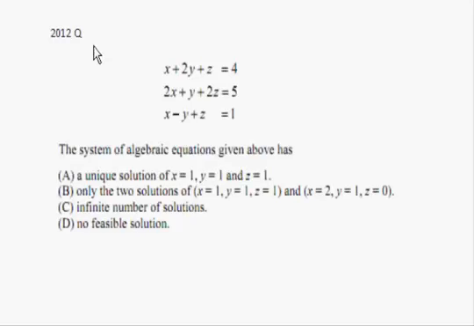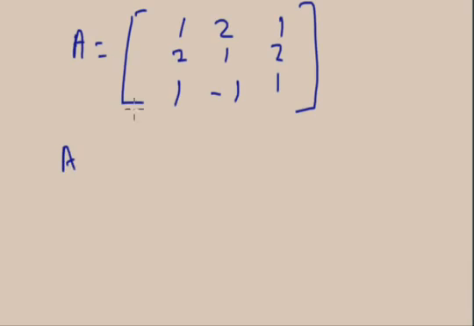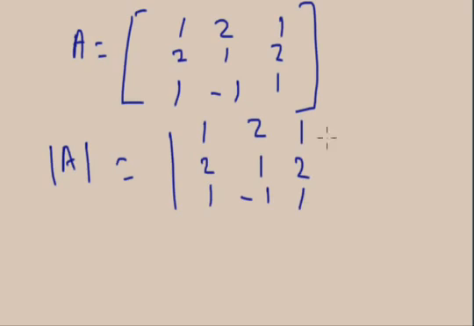This is the question asked in 2012. Again, it is a question of consistency. So here again you require to find out the rank of A and rank of K. So matrix A, the coefficient matrix, is [1 2 1; 2 1 -1; 1 2 1].